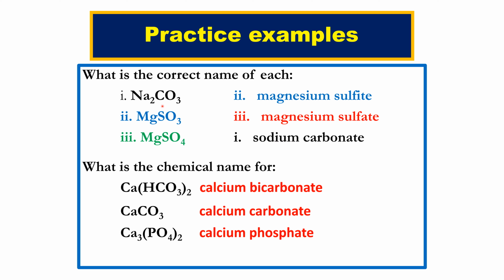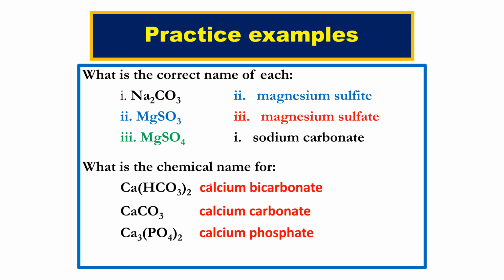First you name the metal, which is sodium, and you name the non-metals as a polyatomic ion. MgSO3 is magnesium sulfite. MgSO4 is magnesium sulfate. First, you name the metal, and the remaining parts, which are all non-metals, you name them as a polyatomic ion.